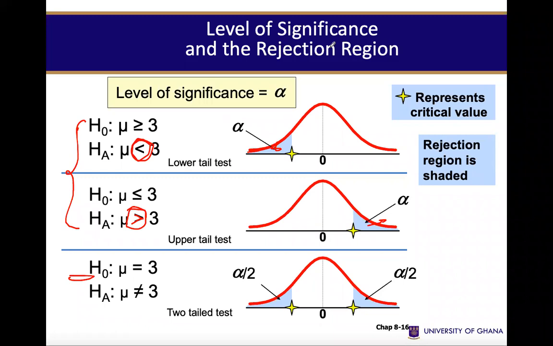So if beauty after is greater than beauty before, then she looks nice. So in that sense, it's an upper tail test, because you are testing the null hypothesis whether beauty after is greater than beauty before, isn't it?